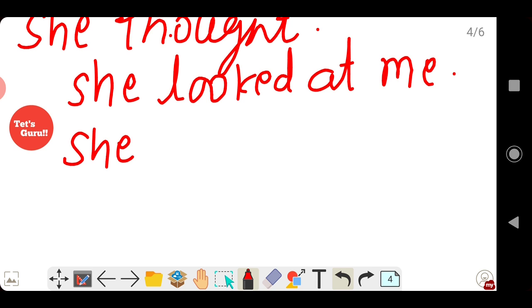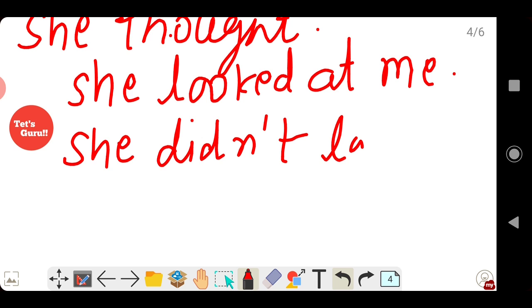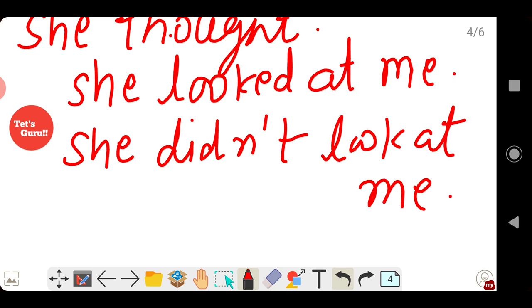She didn't look at me. Very simple. There should not be any confusion here. Very simple sentences that I have been making so far.